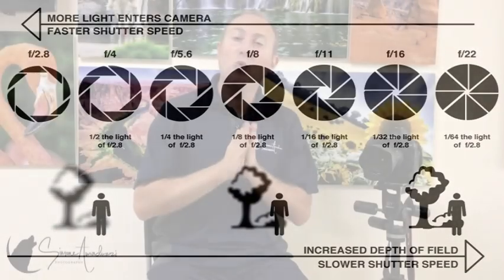Another aspect that we have to pay attention to when we talk about the aperture is the depth of field. Usually, the depth of field works very connected to the shutter speed. If I allow more light in using f2.8, so lower numbers, bigger hole, it means that I'm allowing more light in.